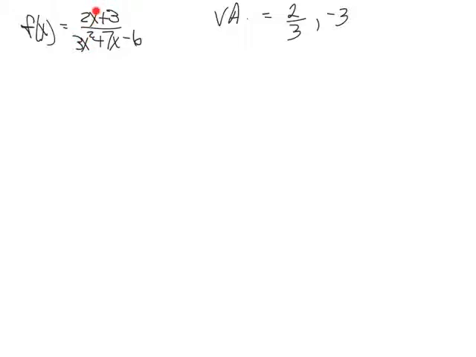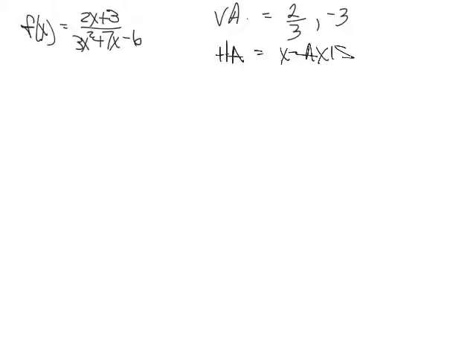If the exponent on the top number is less than the exponent on the bottom number, then my horizontal asymptote is the x-axis. Okay, so that was pretty easy.